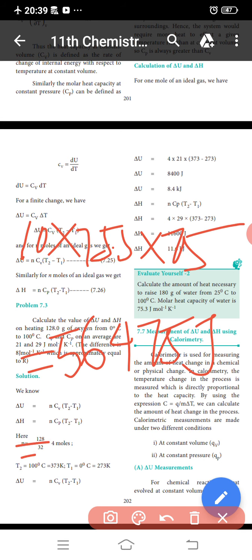Converted to kilojoule, it is 56.475 kilojoule. This is the enthalpy value.